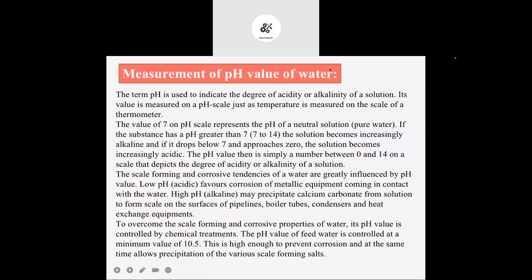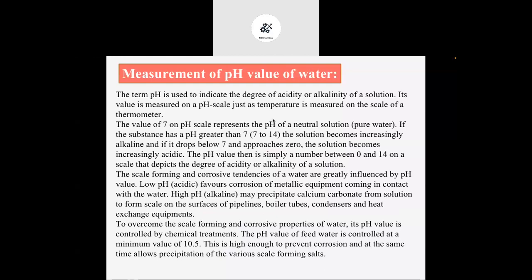Similarly, the measurement of the pH value of the water is also important, because the pH value is going to affect the different materials which come in contact with the feed water, right? Generally, you already know the basic information regarding the pH scale from chemistry classes.